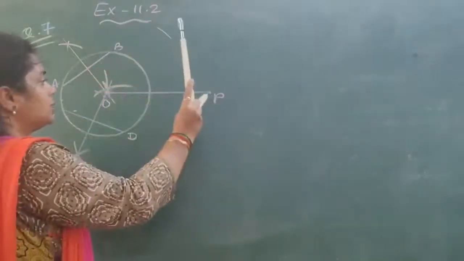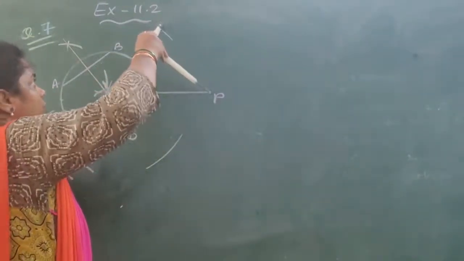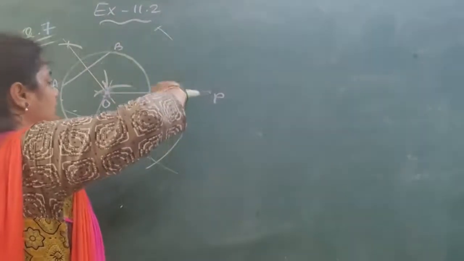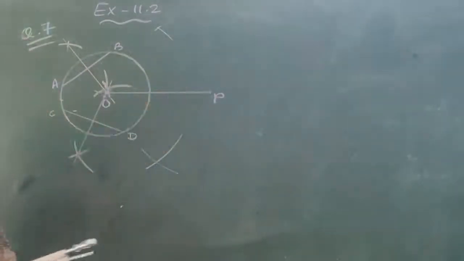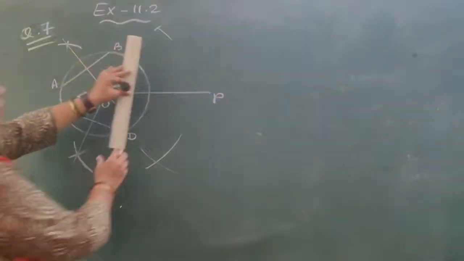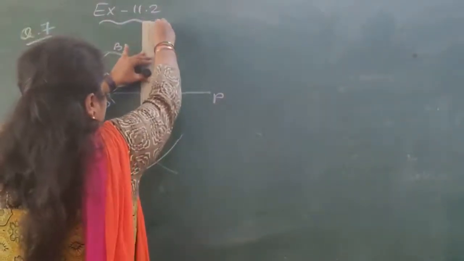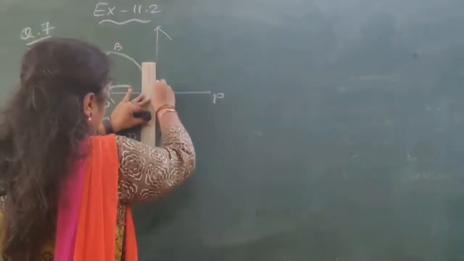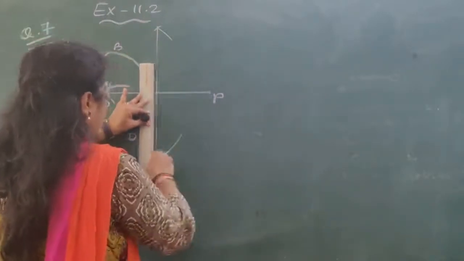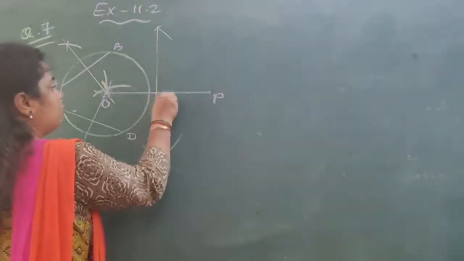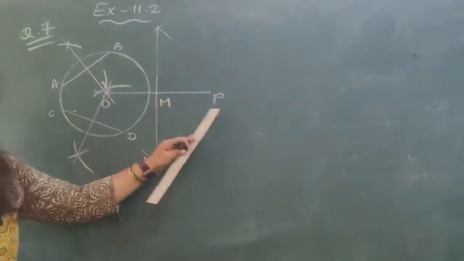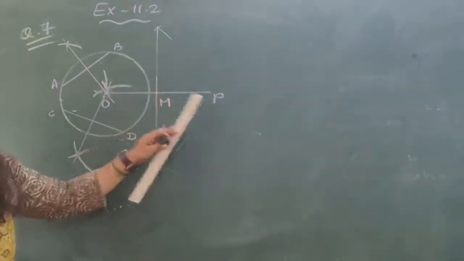From P, the same radius without changing the radius, the same arc from upward side and downward side. So like this you can join this to get the midpoint. So this is M, which is the midpoint of OP, right?